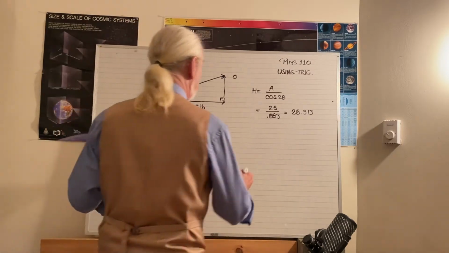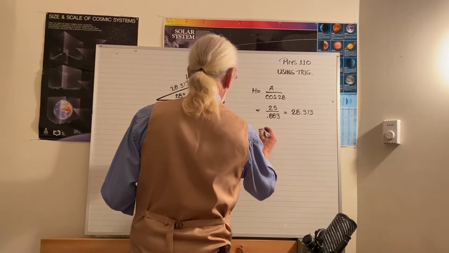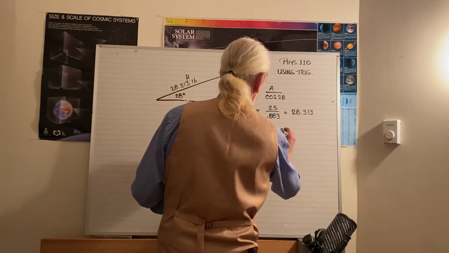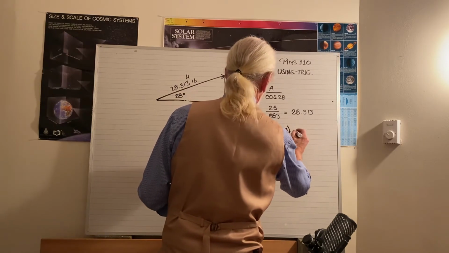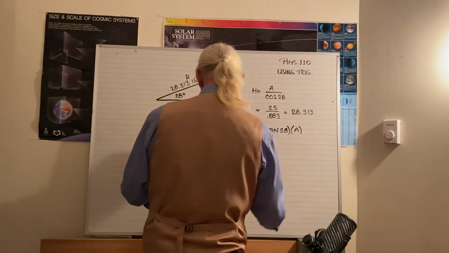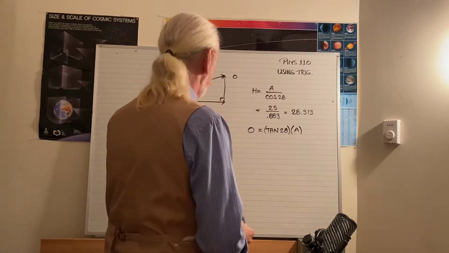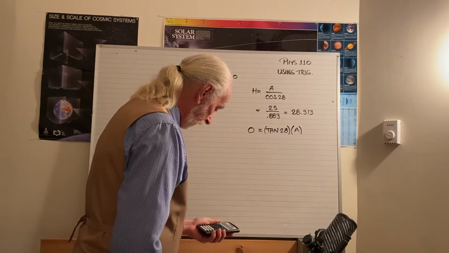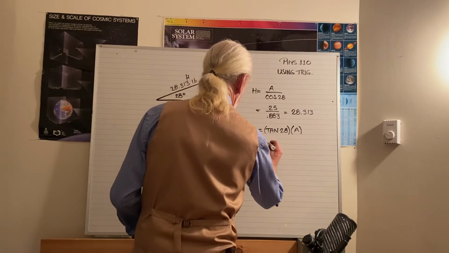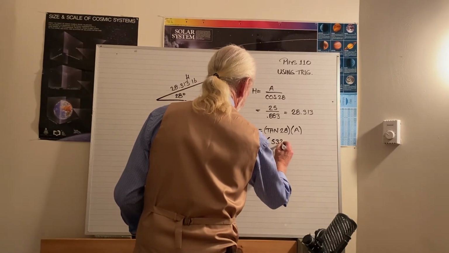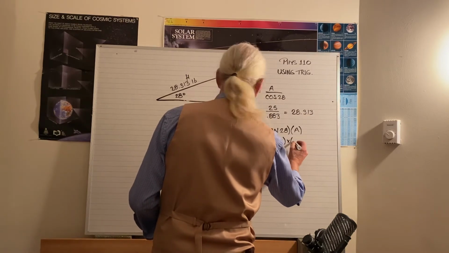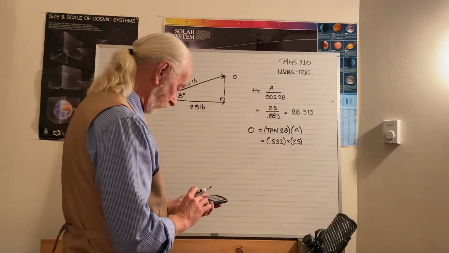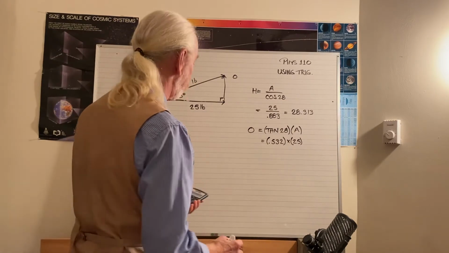So according to tangent, opposite equals the tangent of 28 times my adjacent. 0.532 times my adjacent of 25. 13.3.